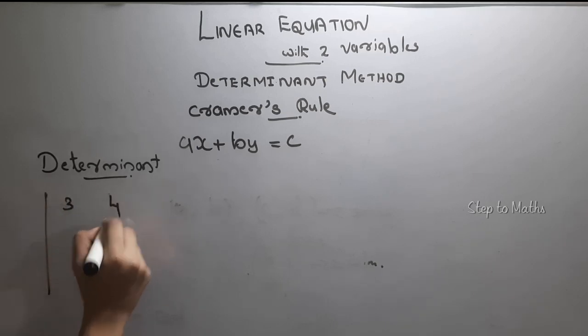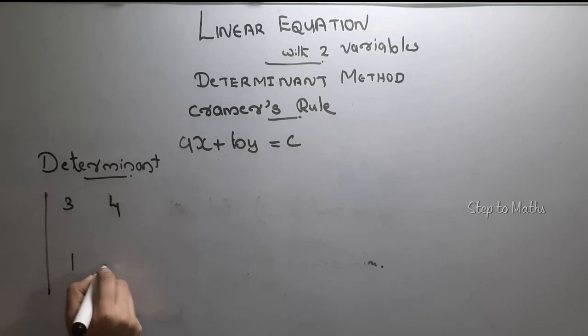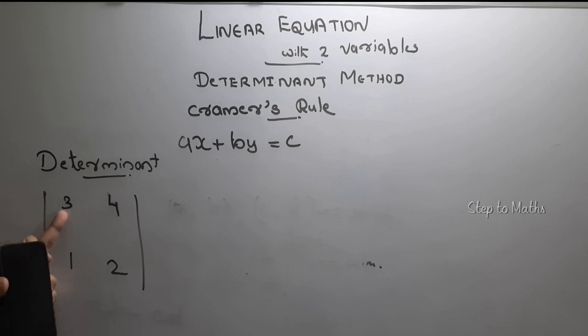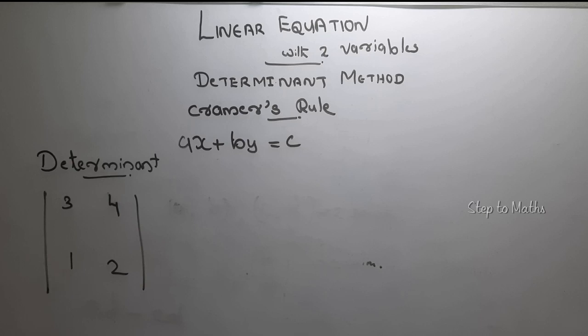Take an example: 3, 4, 1, 2. And one more thing, this determinant has two rows and two columns, so the order of the determinant is 2.